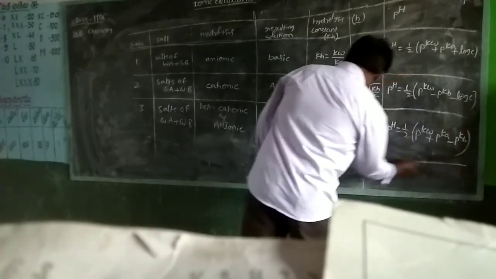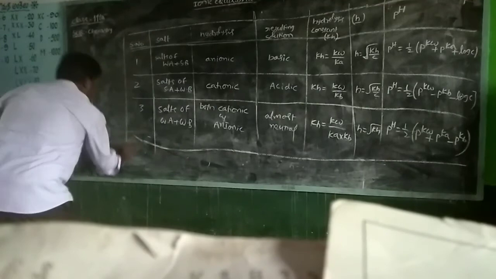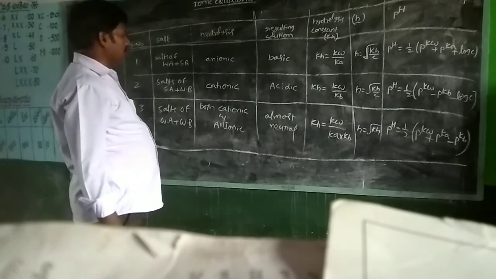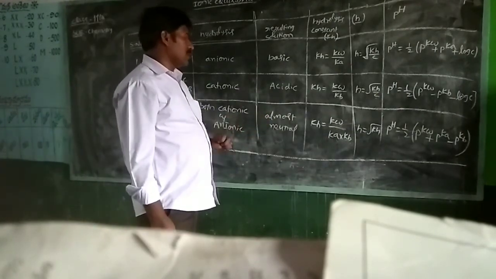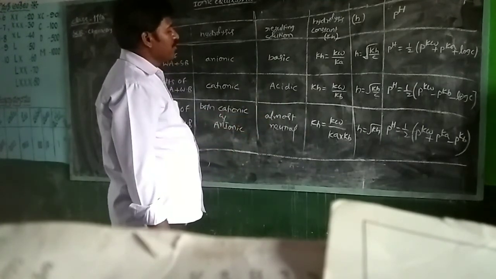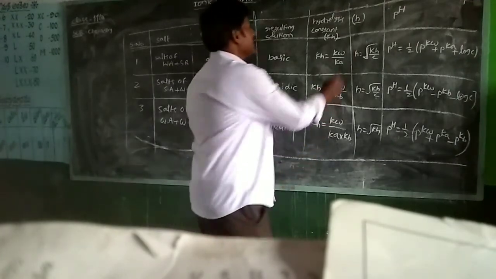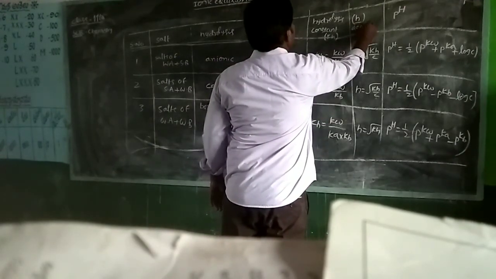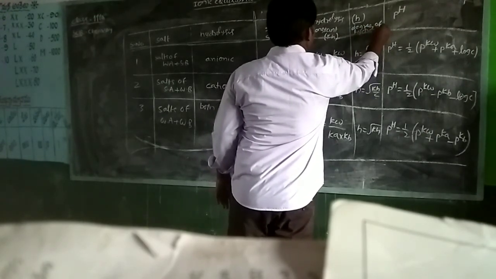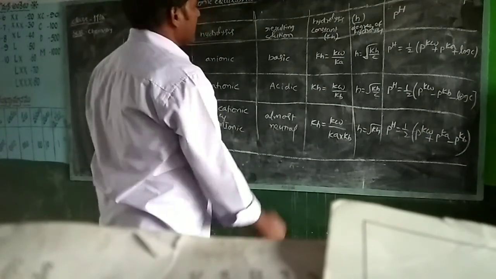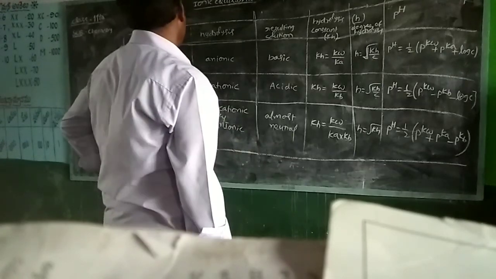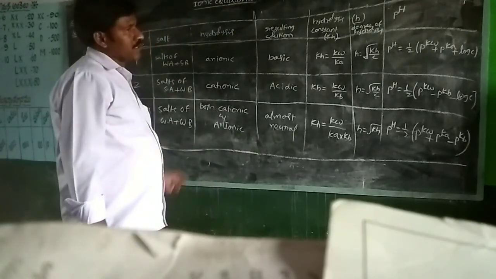This is the third case of hydrolysis: salts of weak acid and weak base. This completes salt hydrolysis.